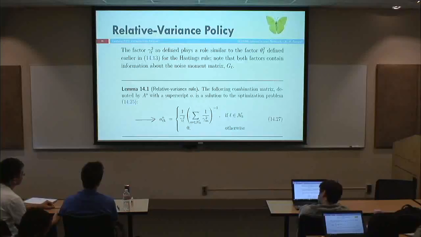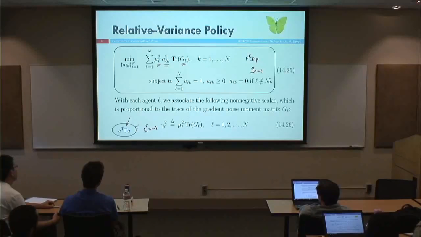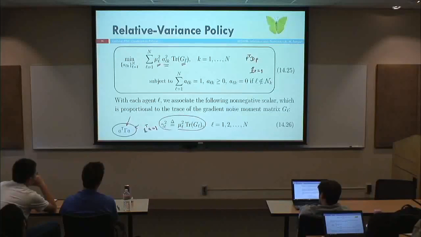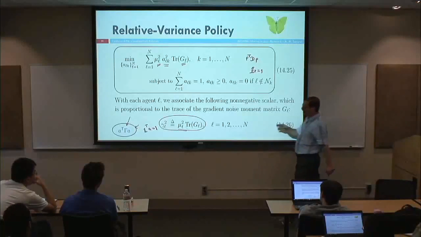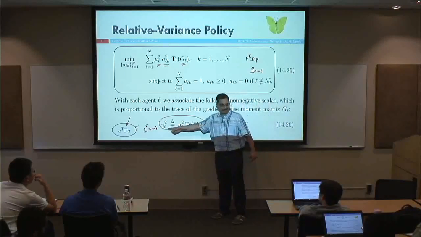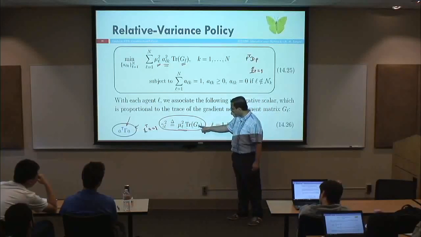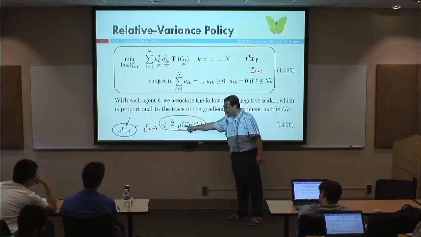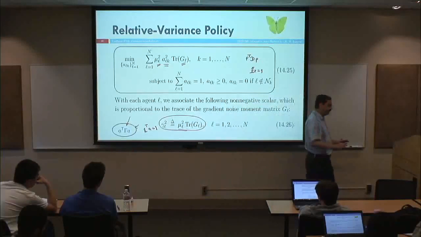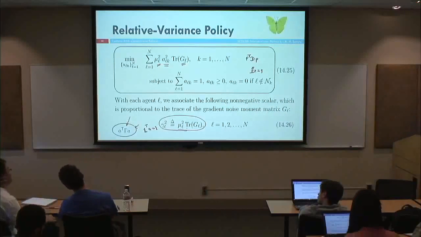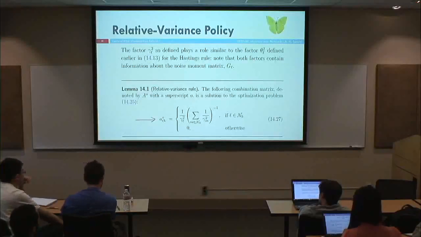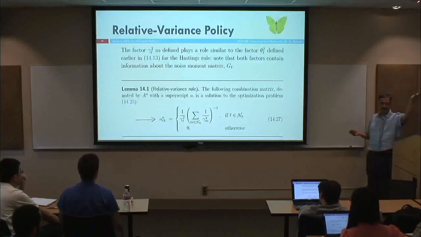Here it is, in terms of these gammas. The diagonal entries of that matrix gamma, I called it little gamma here, gamma squared. Each gamma here is the trace of the covariance GL scaled by mu. So these little gammas determine the A. This is the relative variance rule that I showed you before.